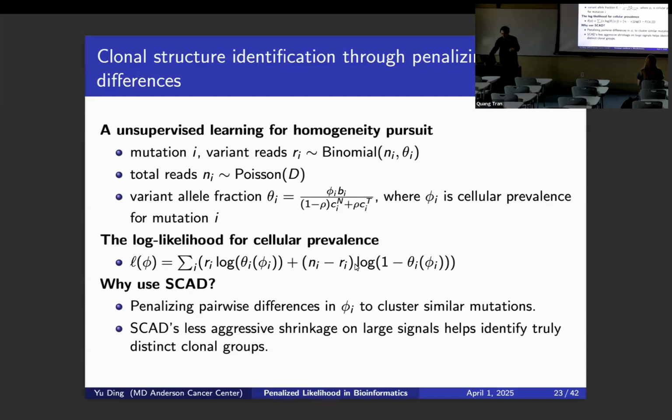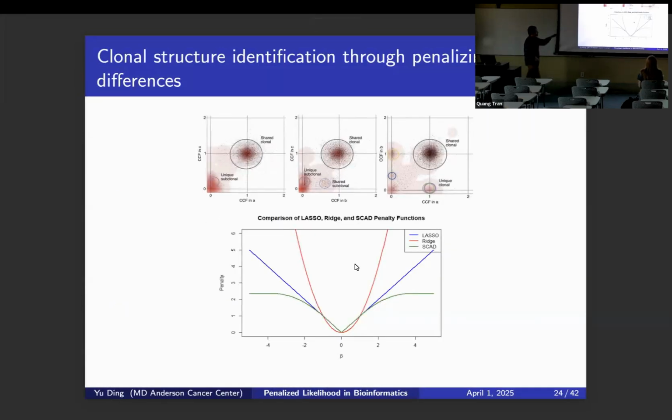Why we would like to use SCAD, I will skip the formulation part and get into the idea. On this plot, the three plots on the top of the screen come from a Nature publication, which gives an idea of what clonal and subclonal mutations are, according to three-region samples.